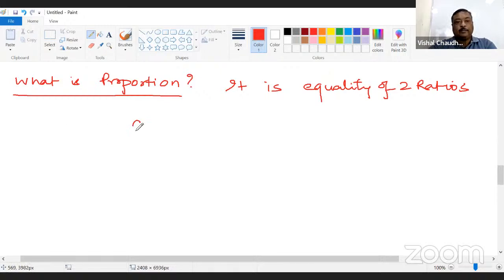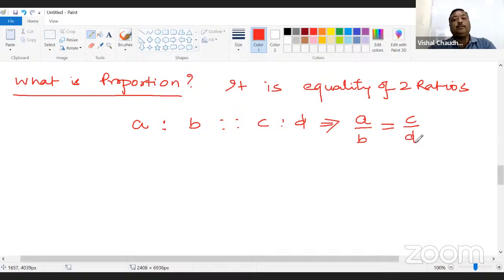So when we write a proportion, it is A is to B as C is to D. Mathematically, A by B is equal to C by D. This is your ratio sign, is to, and this is your proportion sign, as. So we read, A is to B as C is to D.